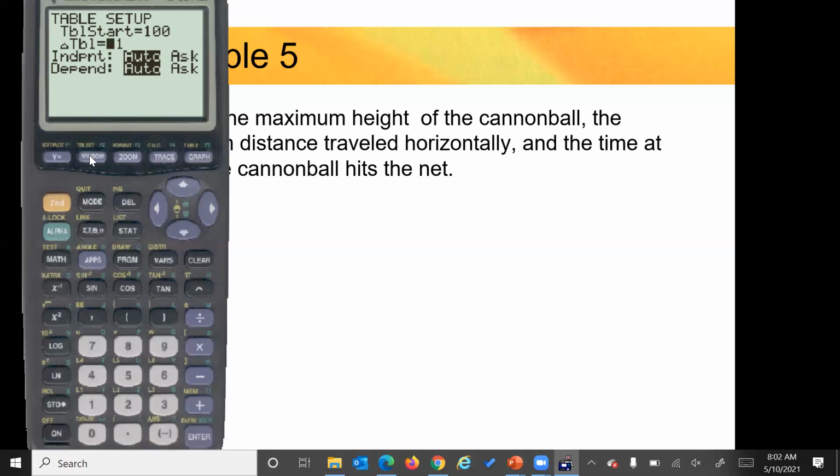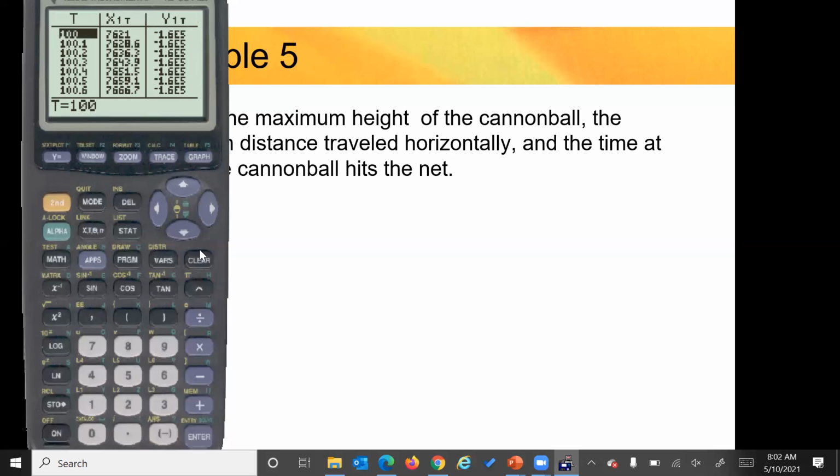I got 208.5, but his is more. T1, let's see. It's the T value. Gotcha.